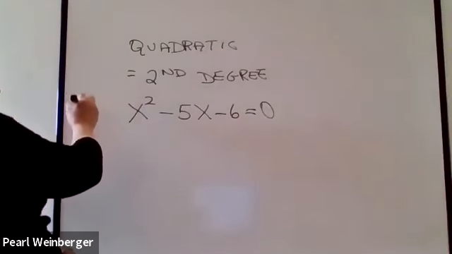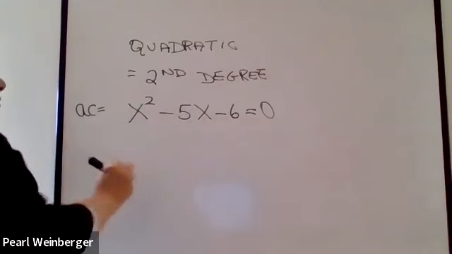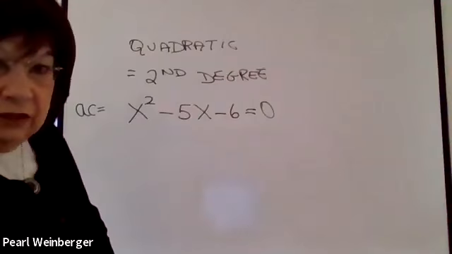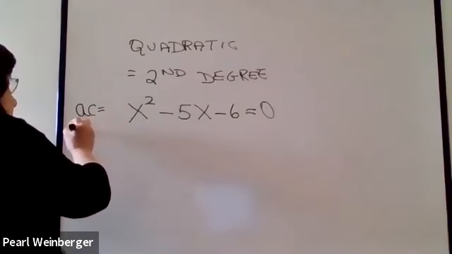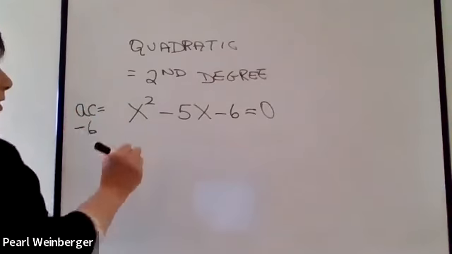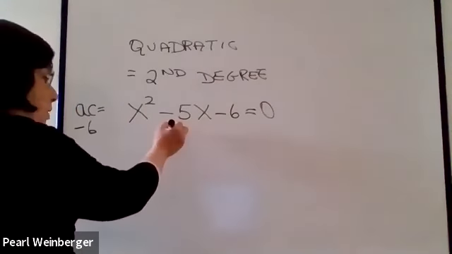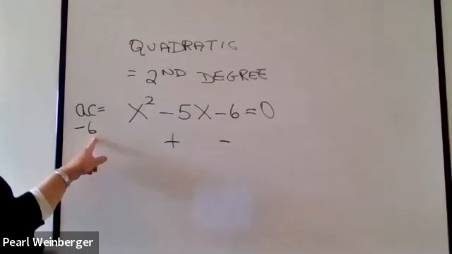Okay, remember for trinomials, we use our AC method. What is our AC in this case? Negative 6. Negative 6, because this is a y. Negative means that one number is going to be positive, one's going to be negative, and they have to multiply to 6.